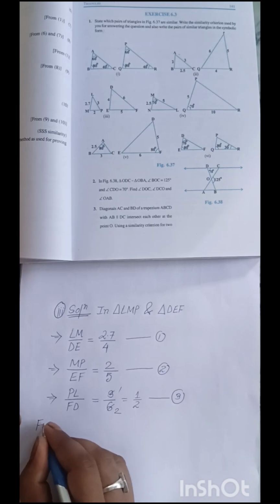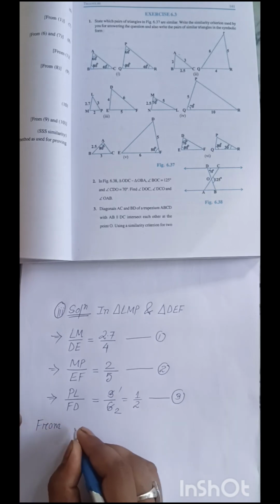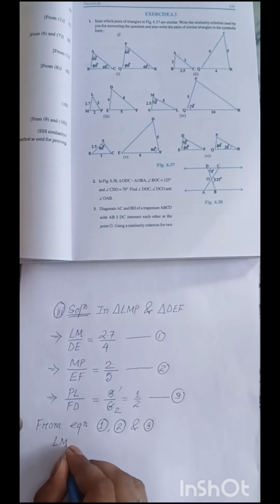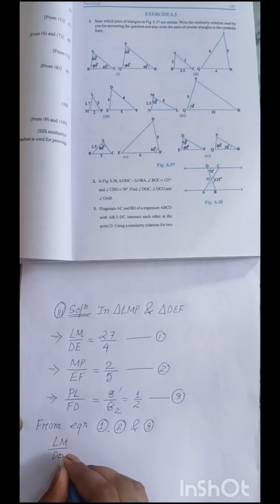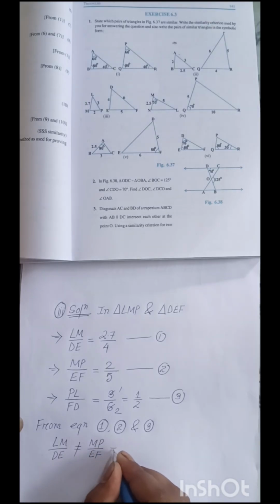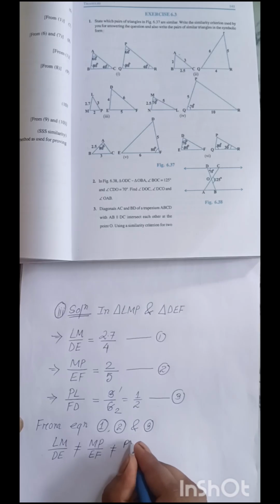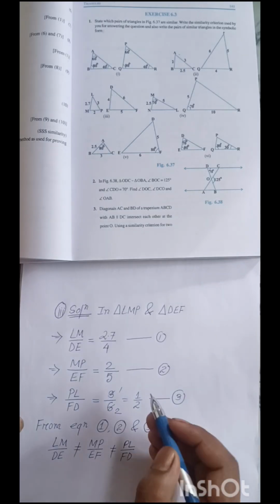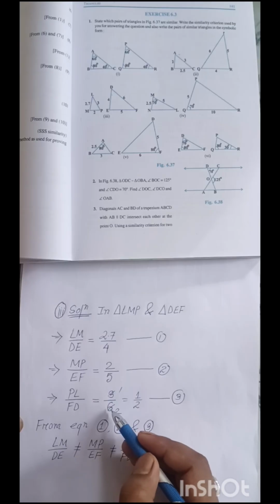Now from equations number 1, 2 and 3, LM by DE is not equal to MP by EF, which is not equal to PL by FD. So these ratios are not equal to each other.